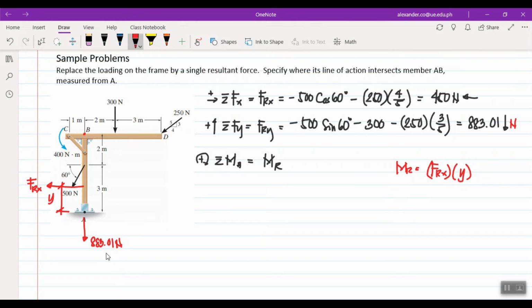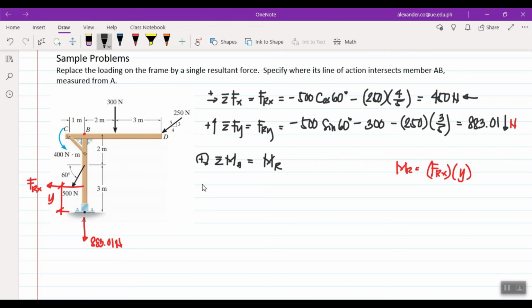Hindi nakasama tong 883. Bakit? Kasi this force Y passes through point A, so wala siyang lever arm. Diba? Parang sinabi mong 883.01 times 0. Nagets nyo? So, ganun lang ang ibig sabihin nun. Okay? So, parang ito, it represents as your resultant force times Y is so, moment resultant yan.